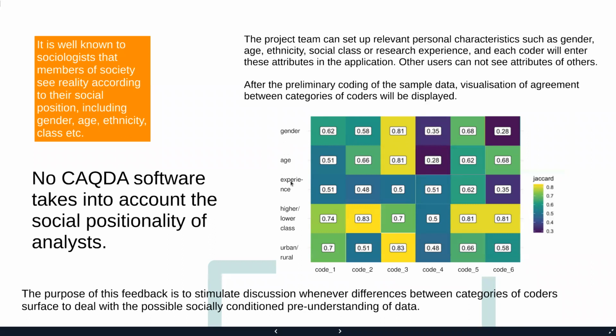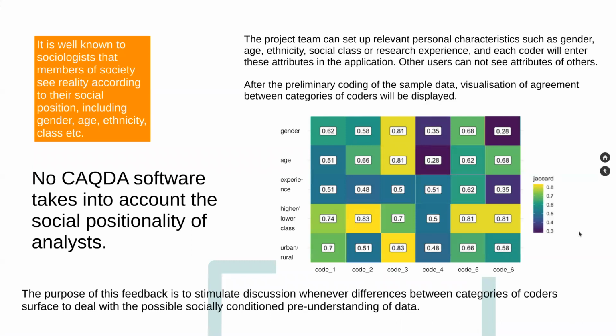what attribute. For example, the attribute can be research experience, if it's a student or an experienced researcher, or whether someone is highly active on Instagram or Facebook, or not participating in social media at all. We can make any attribute relevant here, and observe if any of these attributes have any influence on any code. I think this feedback is good to stimulate discussion about codes, categories and coders.